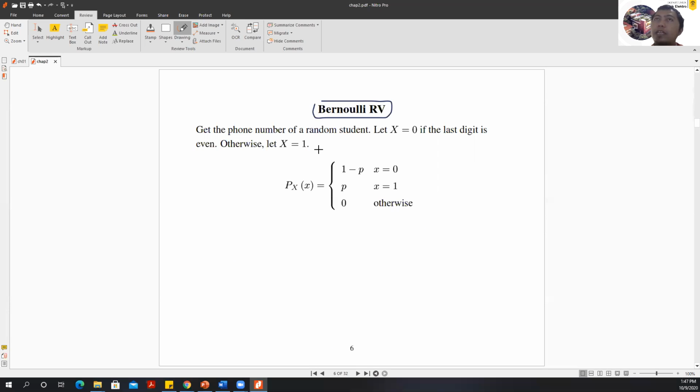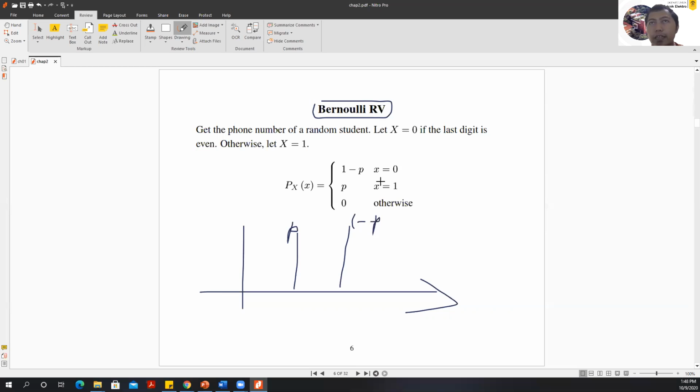Let's say the Bernoulli random variable. A Bernoulli random variable consists of only 2 possibilities, like one coin, head and tail, and follows the Bernoulli distribution. If head has probability P, then tail is simply 1 minus P.